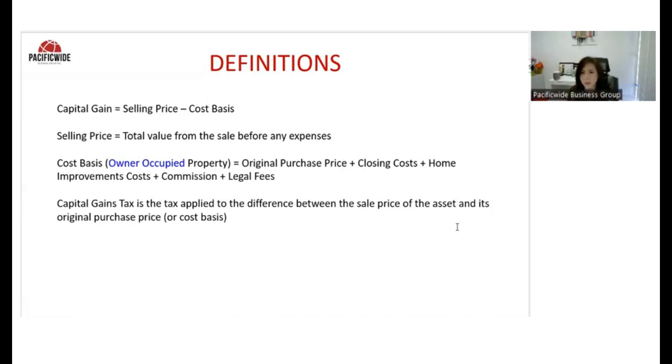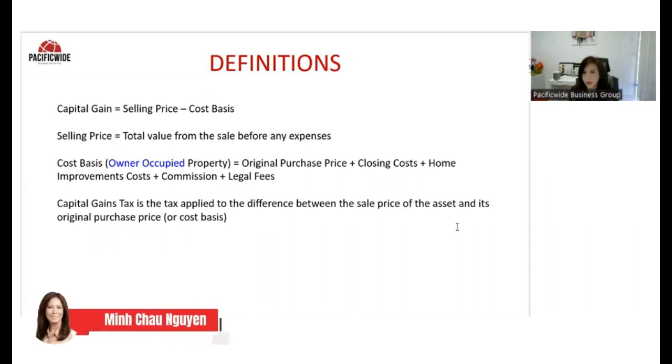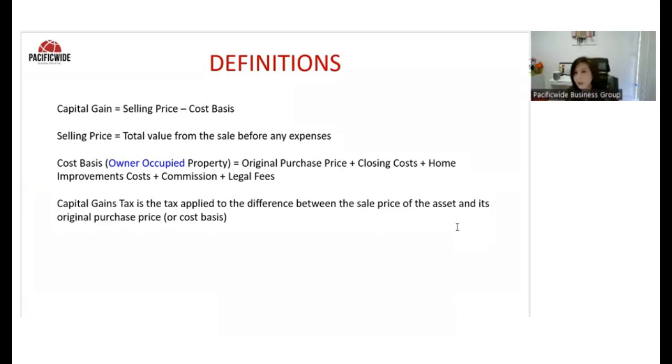This is just some number, okay, don't quote me on this one. So total cost basis in this case is 600,000. And the home was sold in 2023 at 1.2 million. So the selling price of 1.2 million minus the cost basis of 600,000, the capital gains in this case is 600,000. Okay, so that is the capital gains.